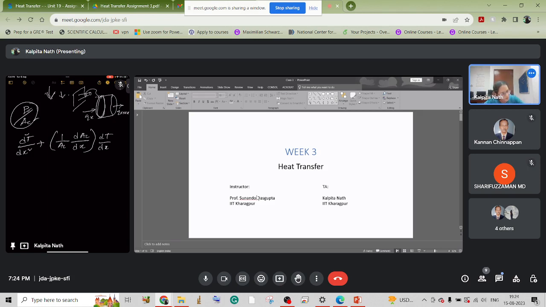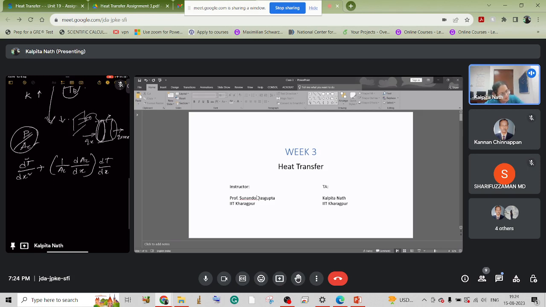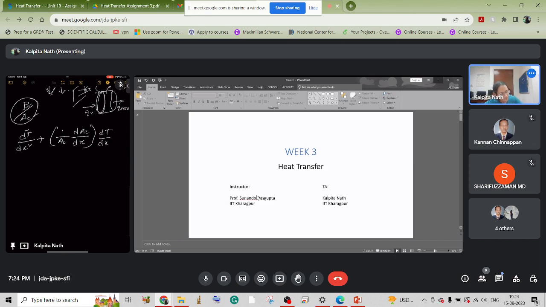And from here convection heat transfer is taking place, that is dq convective, and this is the conduction heat transfer. So the equation will start as q_(x+Δx) for this small element of solid, which is part of the fin. So this is the main equation from where we found this.